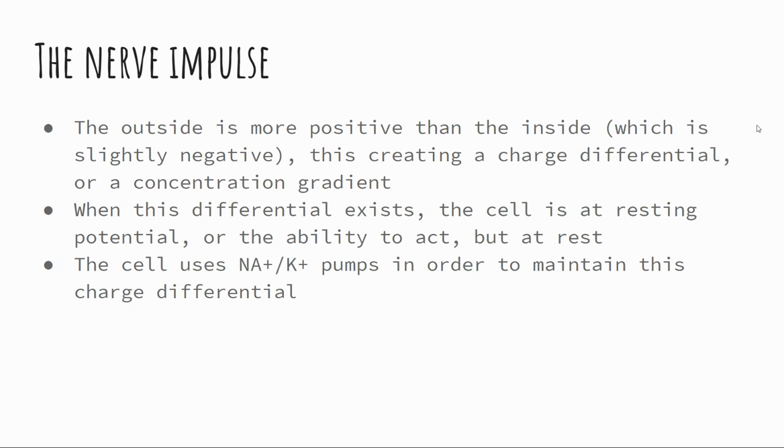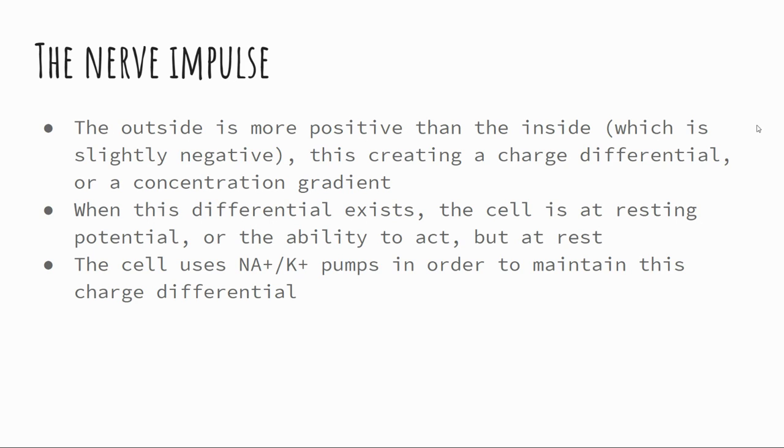So the outside of the nerve cell is going to be more positive than the inside, which is going to be slightly negative. This is creating a charge differential or concentration gradient. When this differential exists, the cell is at resting potential, or it has the ability to act, but it's at rest. The cell uses sodium and potassium pumps in order to maintain this charge differential.